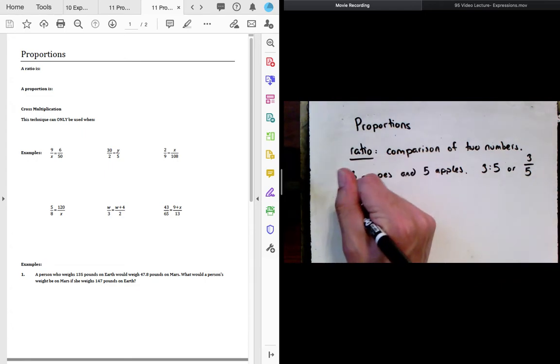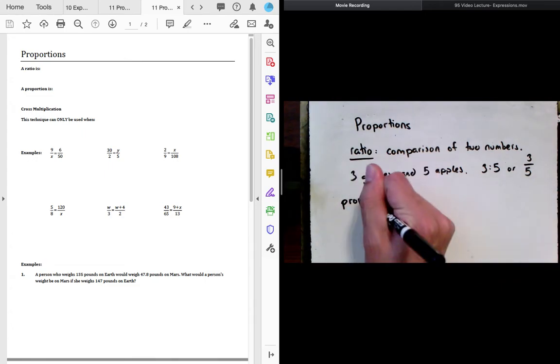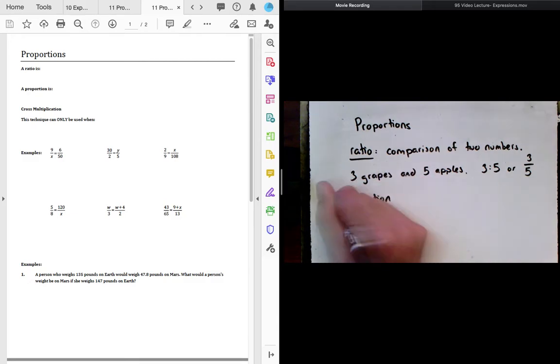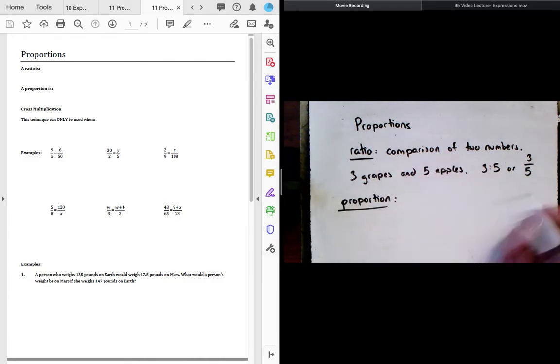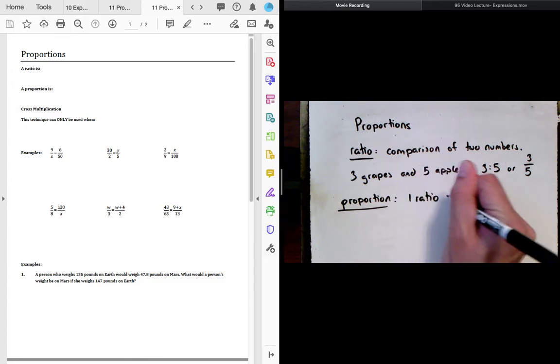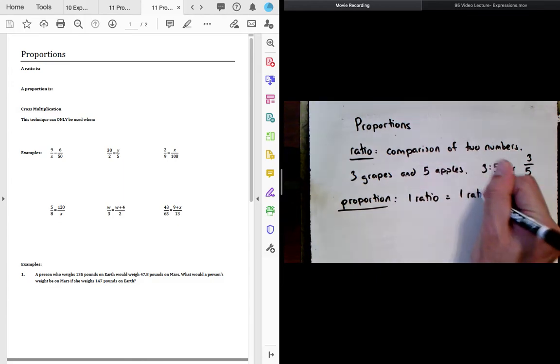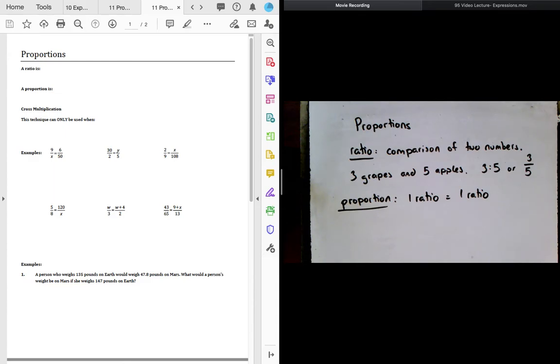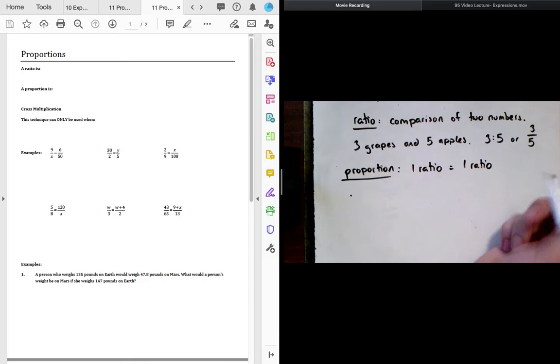So what on earth is a proportion? A proportion is basically two ratios equal to one another, or one ratio equals one ratio. And when we have these proportions, oftentimes we know 3 out of 4 values, and there's some unknown in the fractions somewhere that we want to find out.